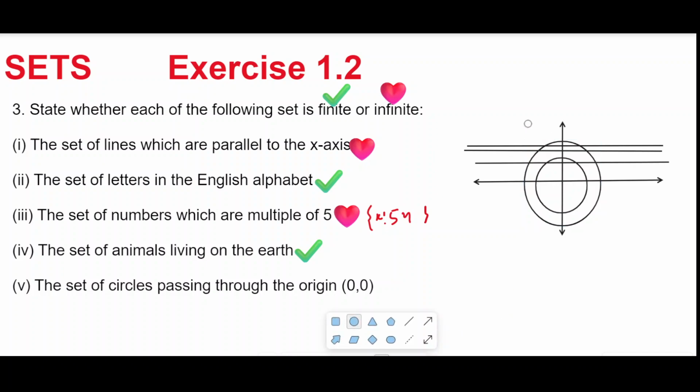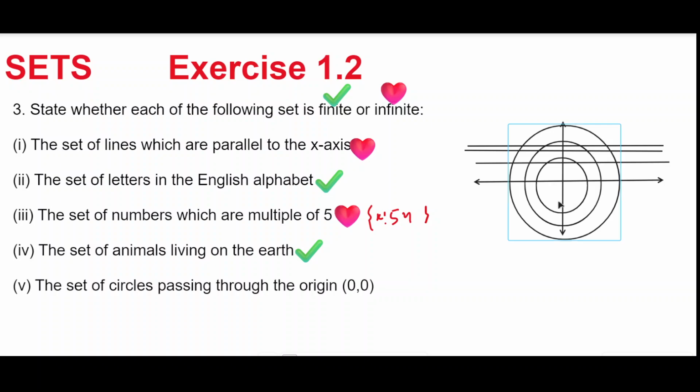We can make another circle, also through the origin 0. So we can make infinitely many, so this comes under infinite. Clear? This is the whole solution of the third question. Now move on to the next question.